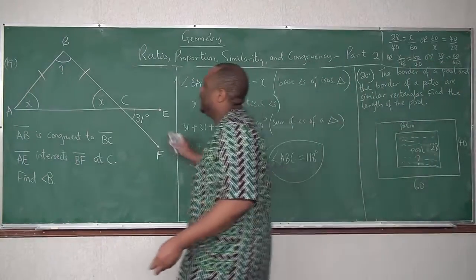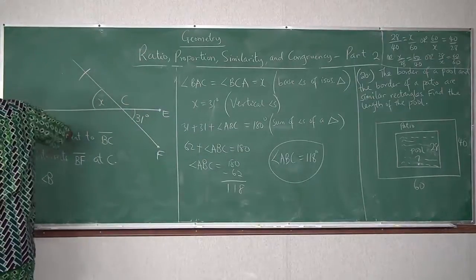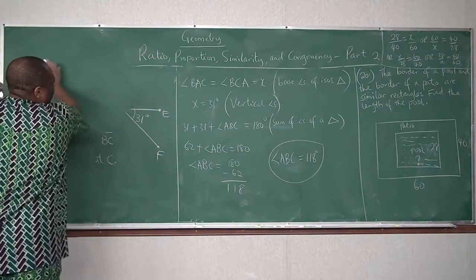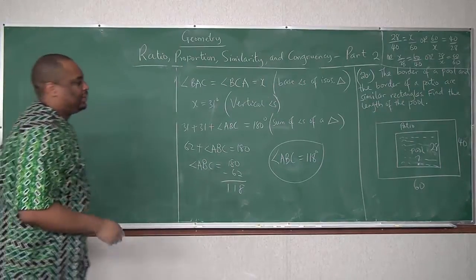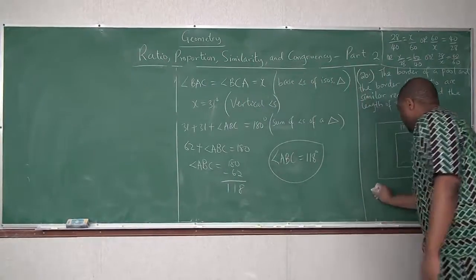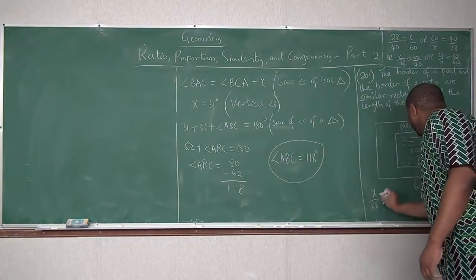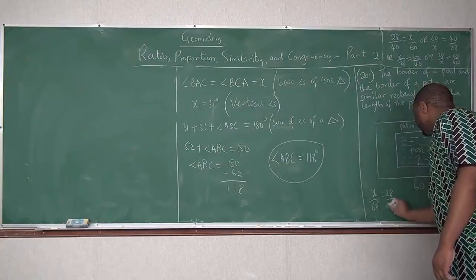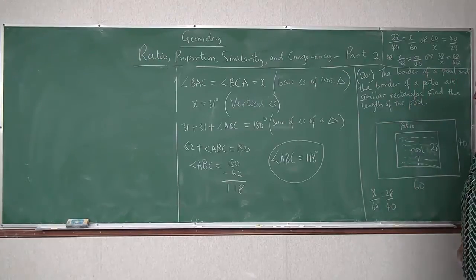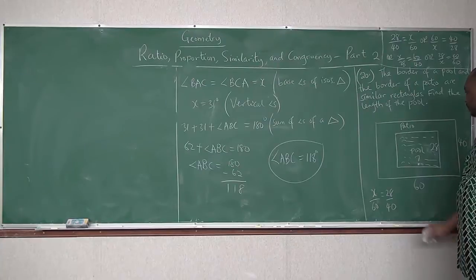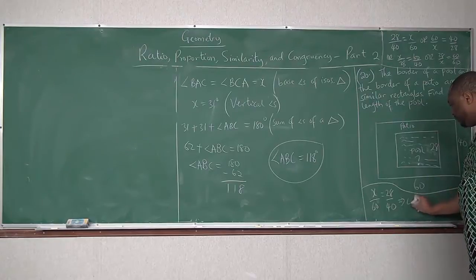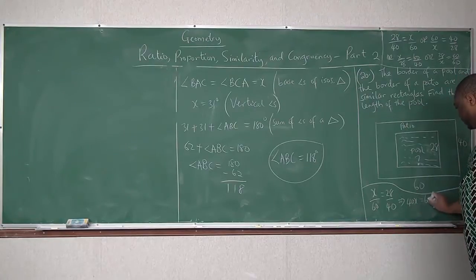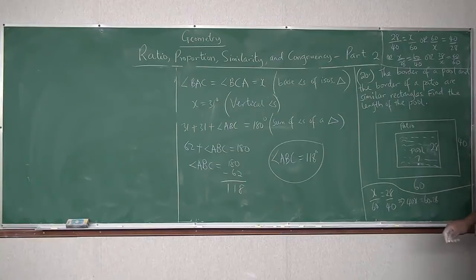So if we do that, what do we have? Let's do it here. x over 60 equal to 28 over 40. This implies that 40x is 60 times 28. So x is 60 times 28 over 40.